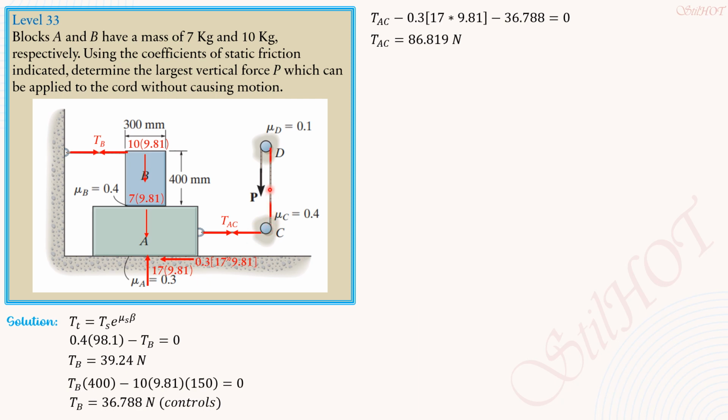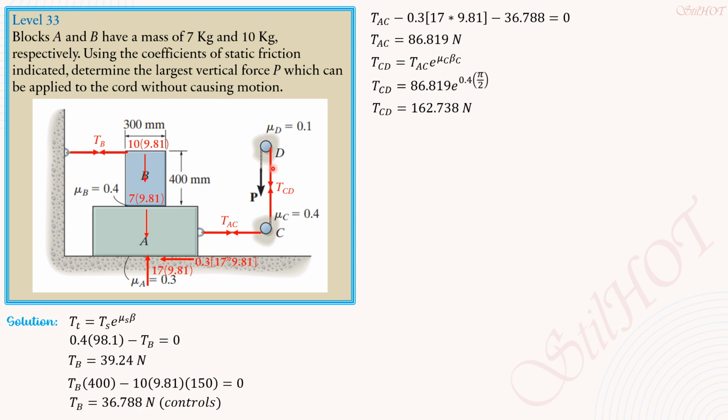So tension in CD equals tension AC, 86.819, e to the mu, which is 0.4, beta is pi over 2. You look at the angle of contact here. So tension CD is tension AC e to the mu sub C beta C, and beta C is pi over 2.